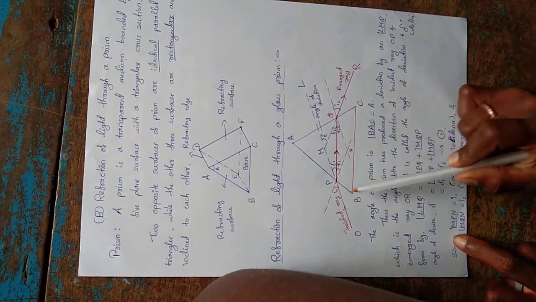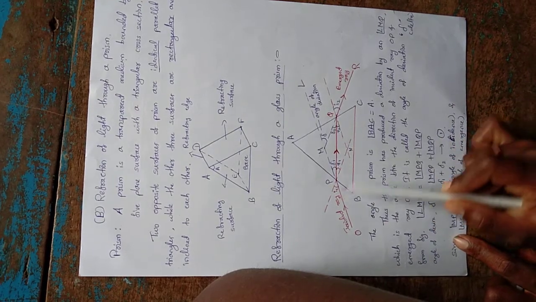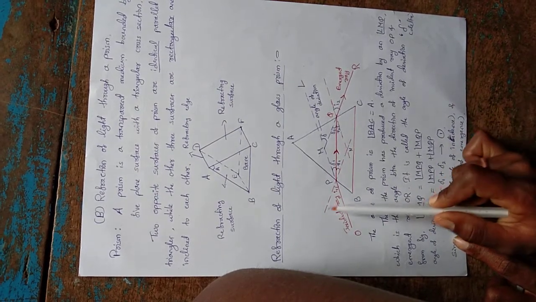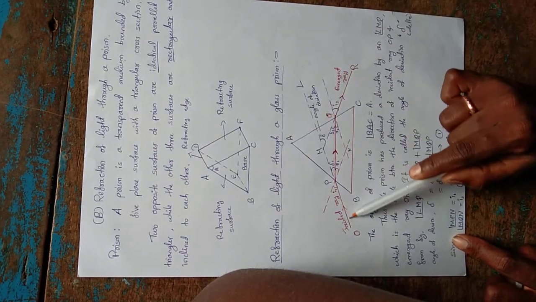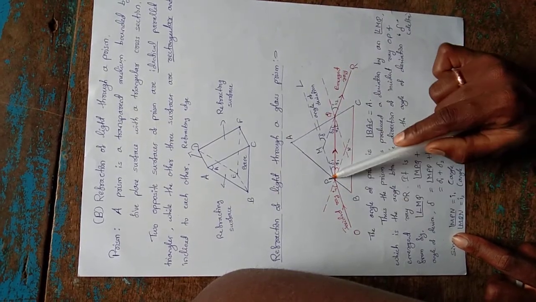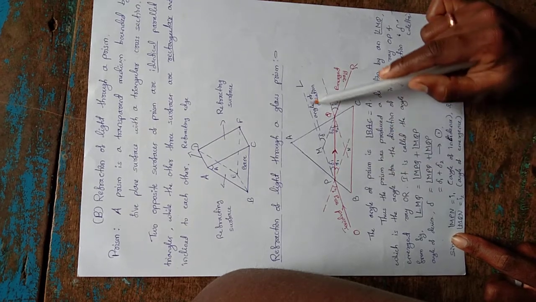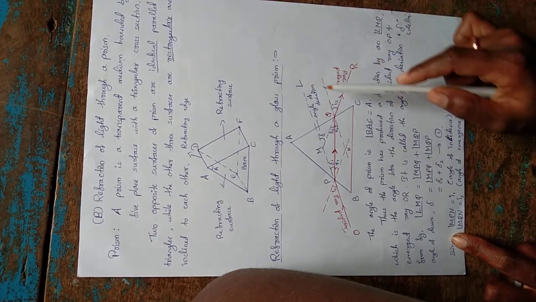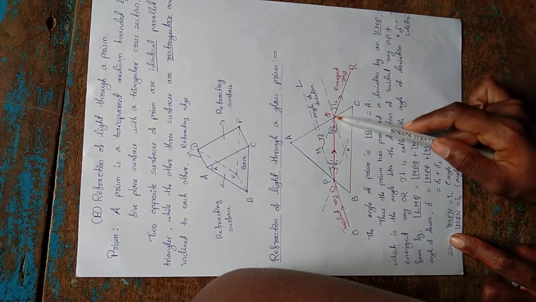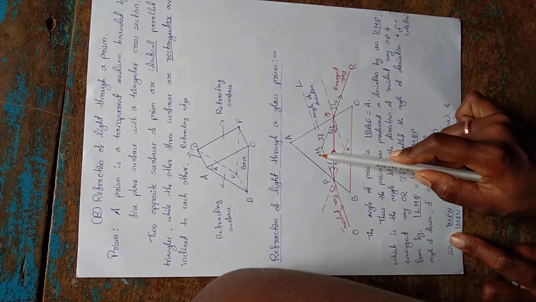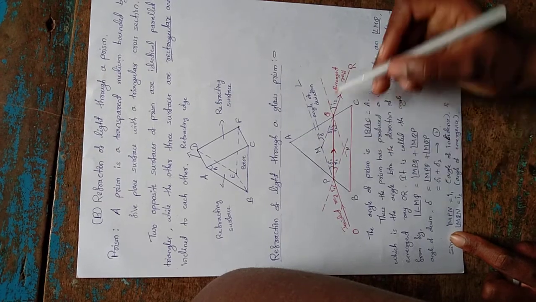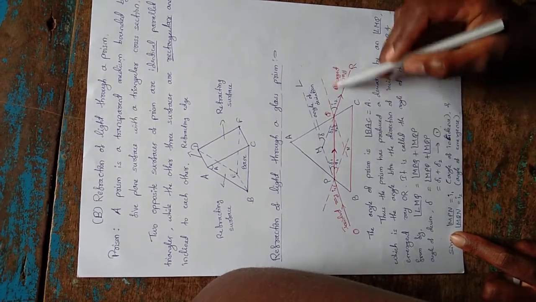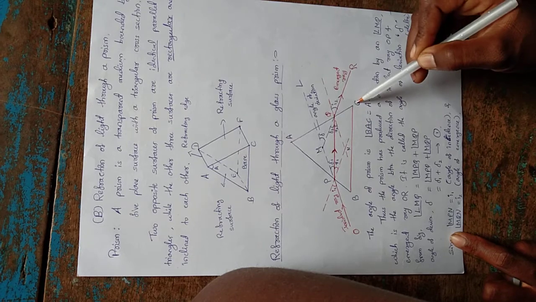See, this N line is a normal to this AB plane. Just extend this OP, the incident ray, up to L, and extend the emergent ray back up to M, where it will meet the incident ray, and this is a normal to the AC plane.